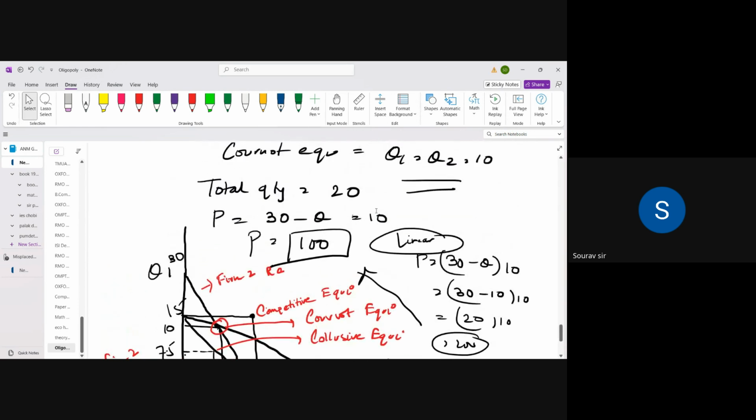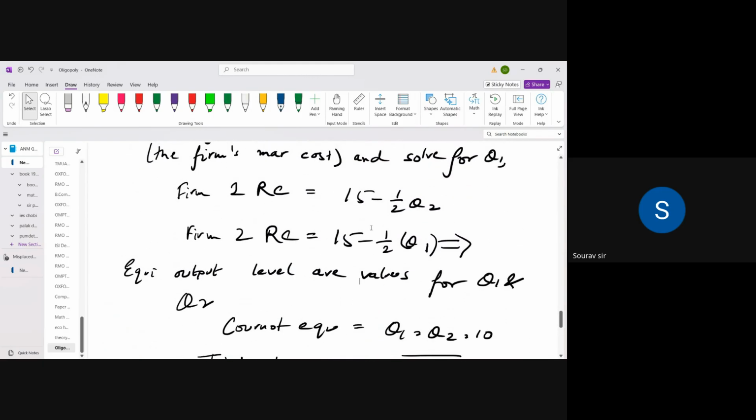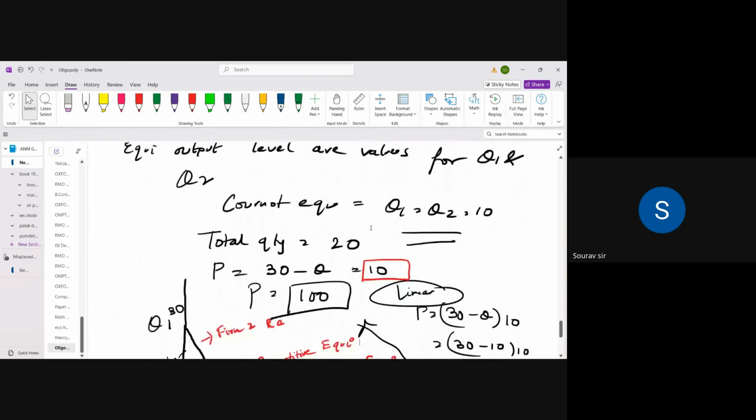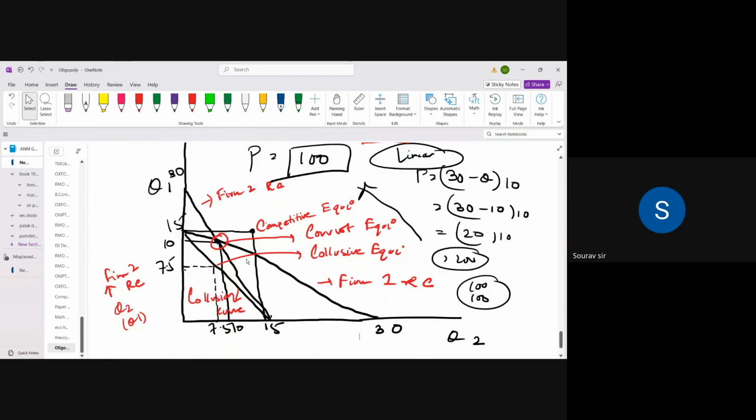Now, how did I get it? You can see the price which I have got from here. So total for me, it was 100. So here we have 15, we have 10, we have 7.5. Why have I drawn this?